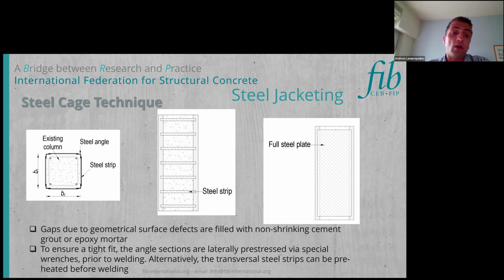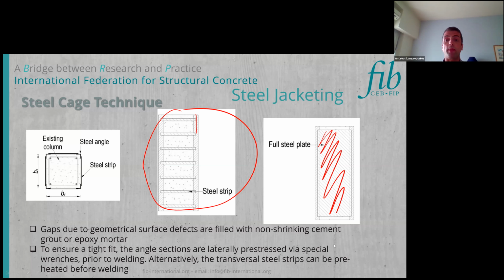We can also ensure a tight fit, either by pre-stressing or by preheating the steel strips prior to welding. So these are some techniques which could be used to ensure that our steel cage is well connected to the existing columns. You can see here also some examples where we have the steel strips connected to the angles, while we can also use a full steel plate.